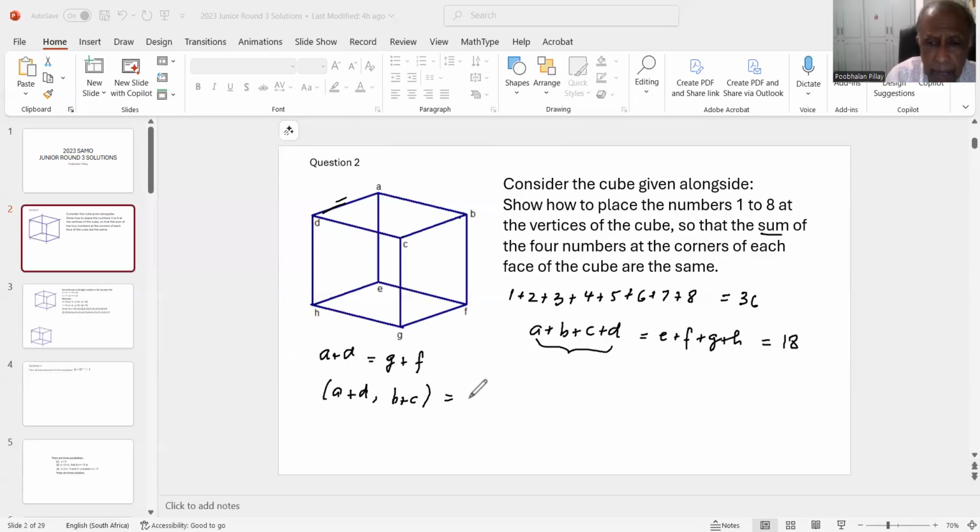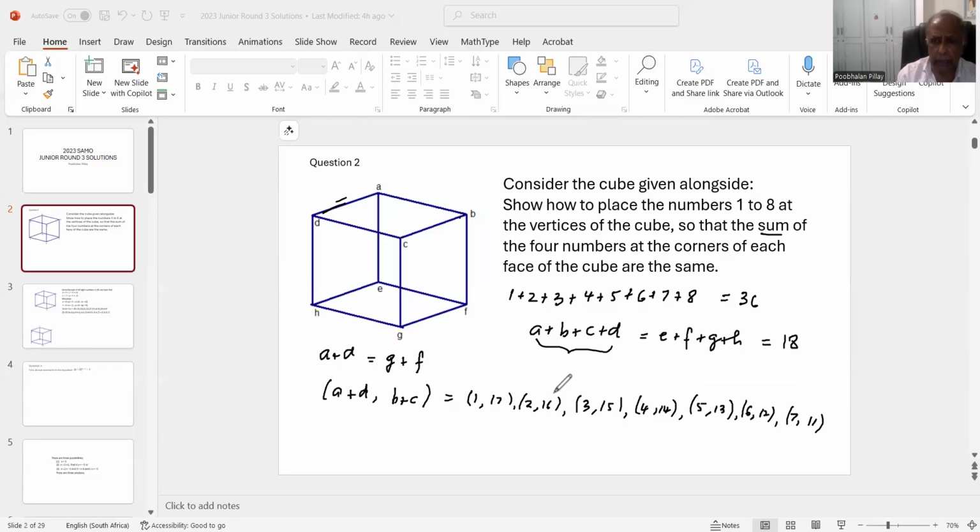So you could have 1 and 17, 2 and 16, 3 and 15, 4 and 14, 5 and 13, 6 and 12, 7 and 11, and so on.